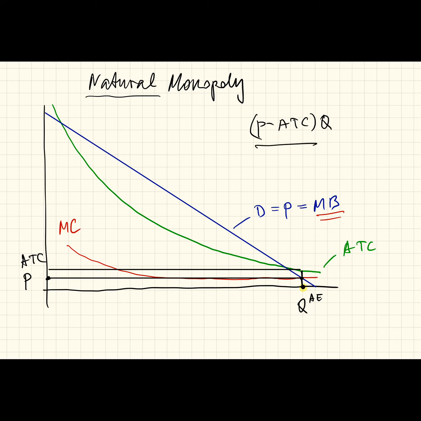So this formula will give you a negative number. So the company will be actually losing all this area as negative profit. So losses. And of course, no company can survive in such a situation for any meaningful period of time.